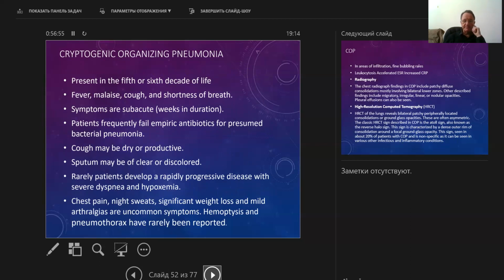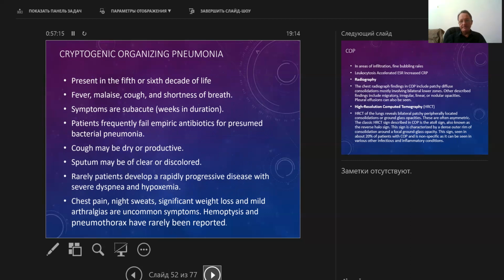Clinically, cryptogenic organizing pneumonia presents in the 5th or 6th decade of life and is accompanied by fever, malaise, cough, and shortness of breath. Often symptoms are subacute, weeks in duration.